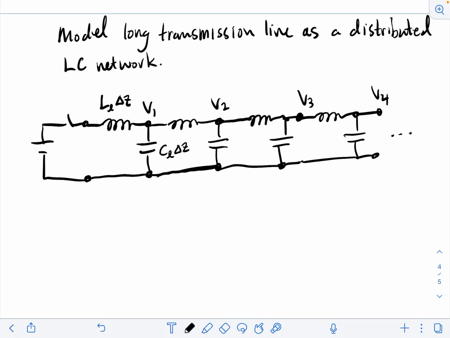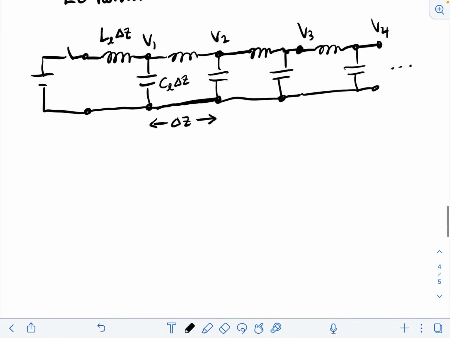Okay, so what we're going to do now is isolate one of these branches and do a bit of circuit analysis on it and see where it leads us. So we consider one branch of our distributed model.